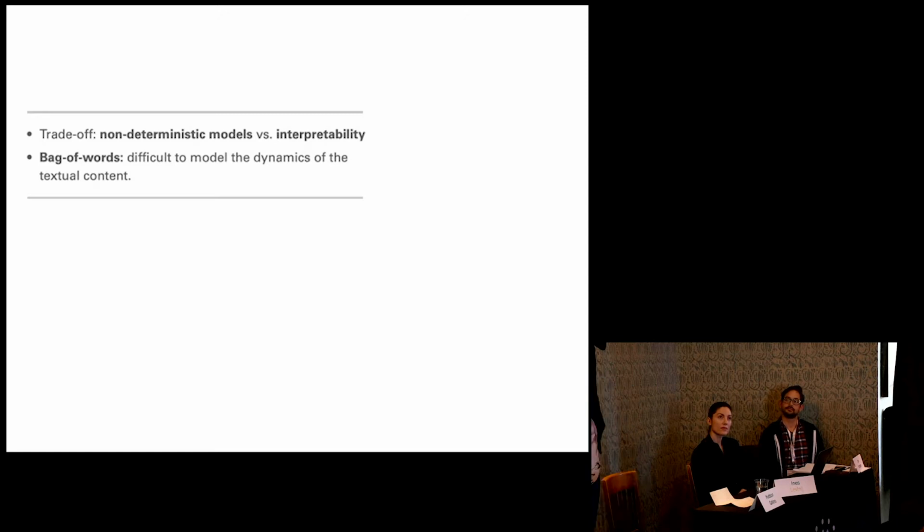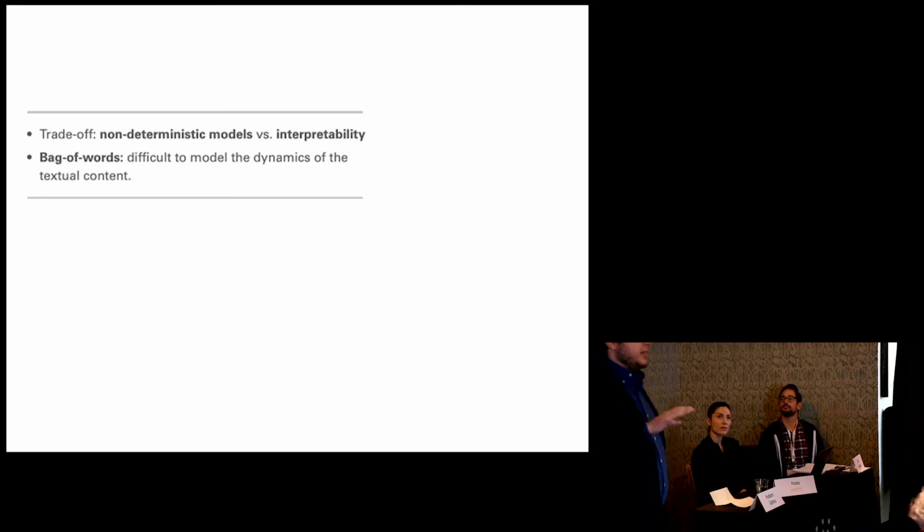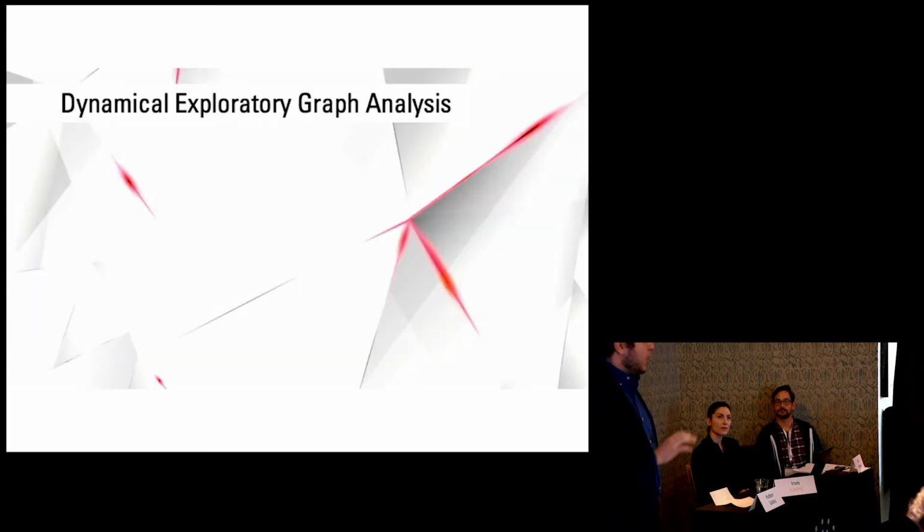So let me very briefly talk about this new thing we have been developing in the past 24 hours, called dynamical exploratory graph analysis. In the past 3 years I have been working in an area that I call exploratory graph analysis, or EGA, which is basically the use of network models to do dimensionality assessment and reduction.